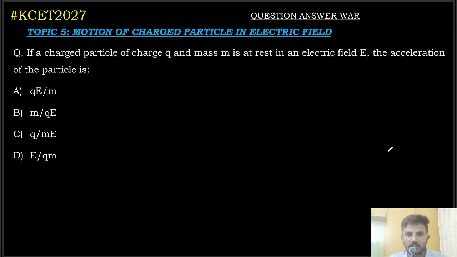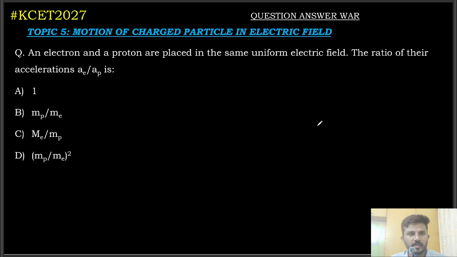Next we have, if the charged particle of charge q and mass m is at rest in the electric field E, the acceleration of the particle is qE by m, that is option A. Correct, no? Then an electron and proton are placed in the same electric field, the ratio of their accelerations. Since acceleration is given by qE by m, charge will be the same. Charge of electron is equal to charge of proton in magnitude, you can take the mod.